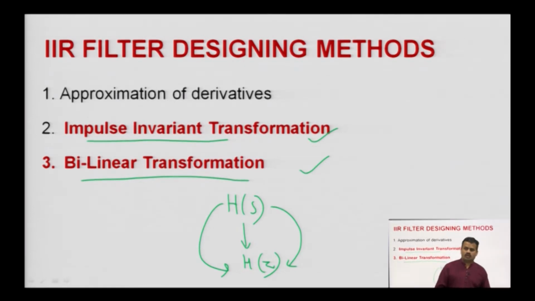The signal available in the S domain in analog, you have to map, transform, and convert into the Z domain or Z plane, going from the S plane to the Z plane. I hope it is clear to everybody.